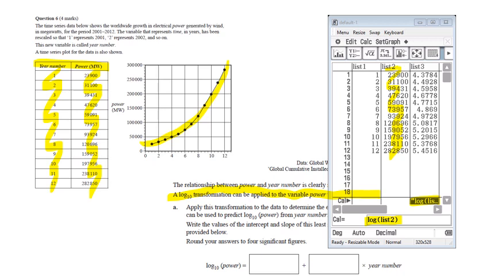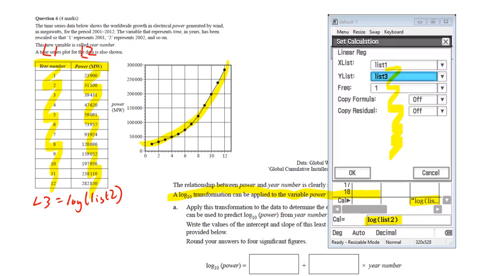So then what you've got to make sure you're doing on your calculator is, let's just write ourselves down here. This is list 1, this is list 2, but so list 3 equals log of list 2, which is what we want, right? So if you log all that, let's just delete that there. Let's get rid of some of that.